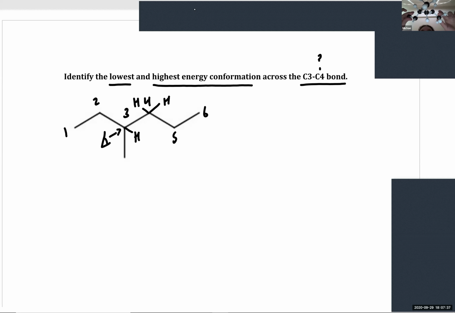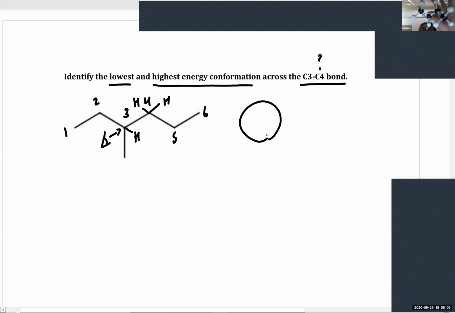Okay, so let's start from our straight chain. Carbon 3 is the carbon with the methyl group attached. So we're going to look down carbon 3. Now we're going to draw what we see initially in the front.